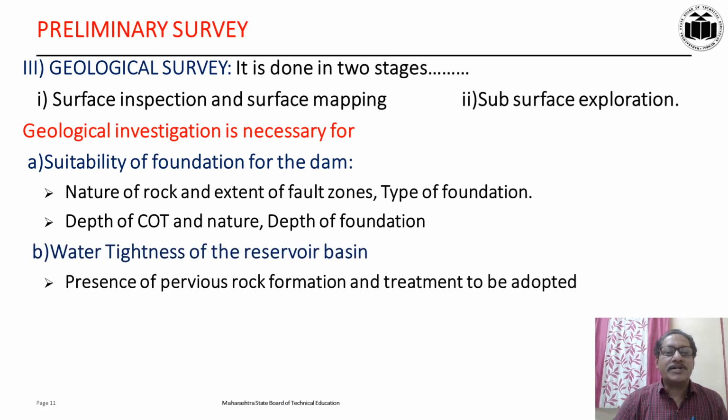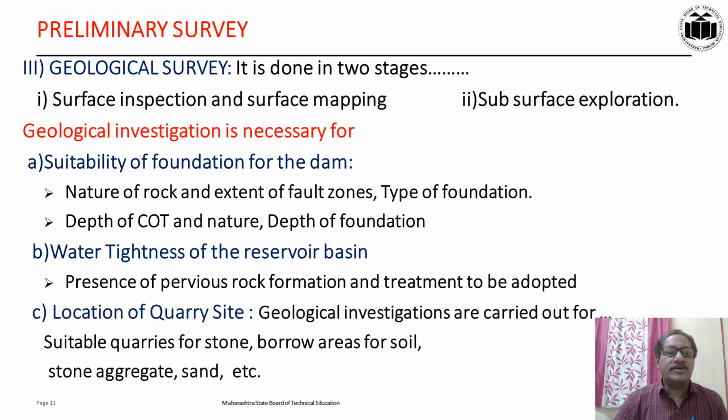Second, water tightness of the reservoir basin, presence of pervious rock formation, and treatment to be adopted. Third, location of quarry site. Geological investigations are carried out for suitable quarries for stone, borrow areas for soil, stone aggregate, sand, etc.